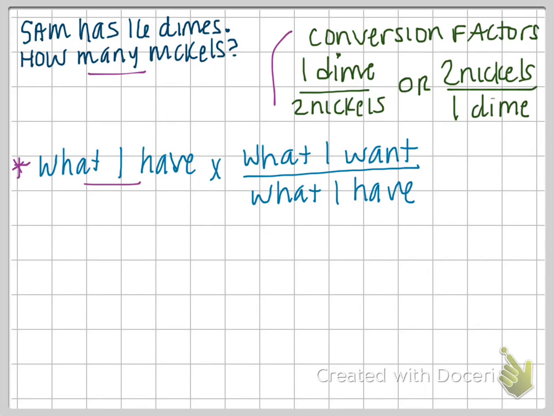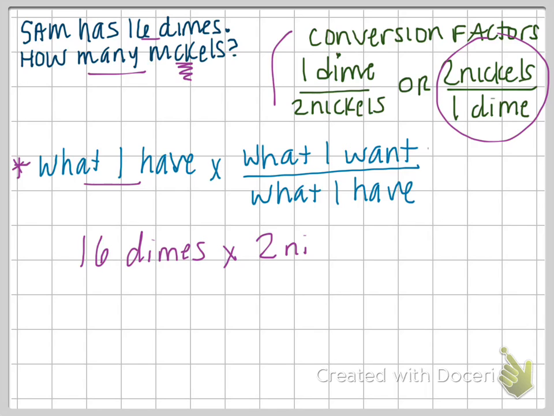So what I have is 16 dimes. So I'm going to write 16 dimes here. And I want to multiply that by what I want over what I have. So I want nickels, and I want nickels to be on the top. So I'm going to choose this conversion factor because nickels is on the top, and that's the value I want to end up with.